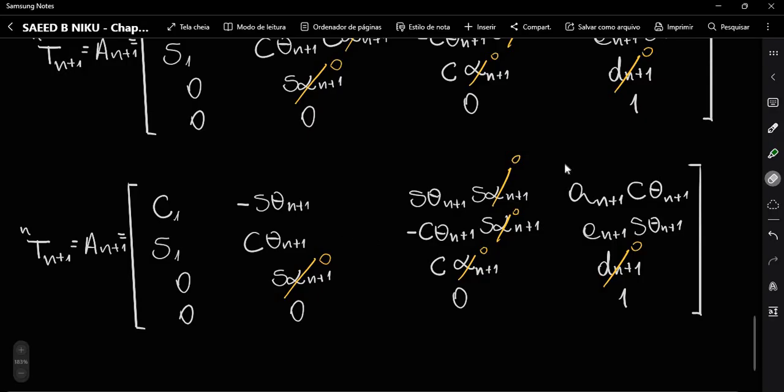And sine of 0 is equal to 0. Right here, cosine of 90 is equal to 0. Right here, again, cosine of 90 is equal to 0.